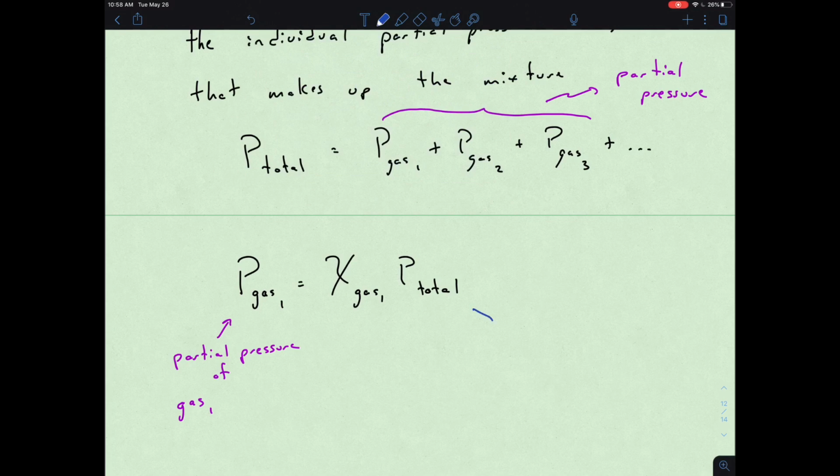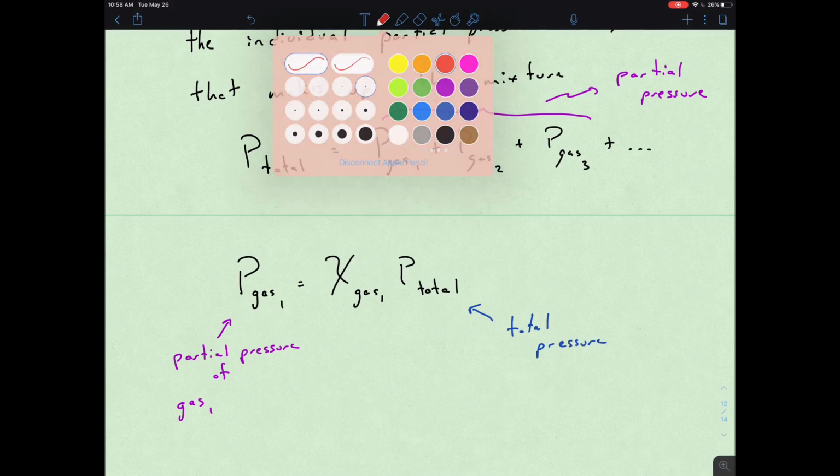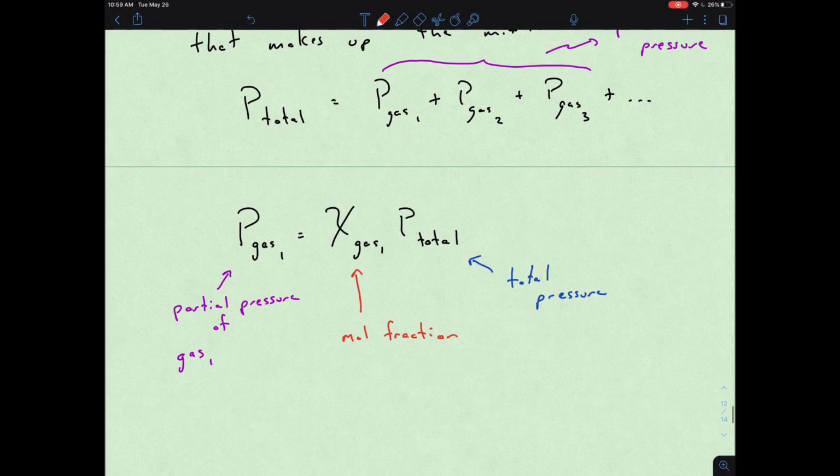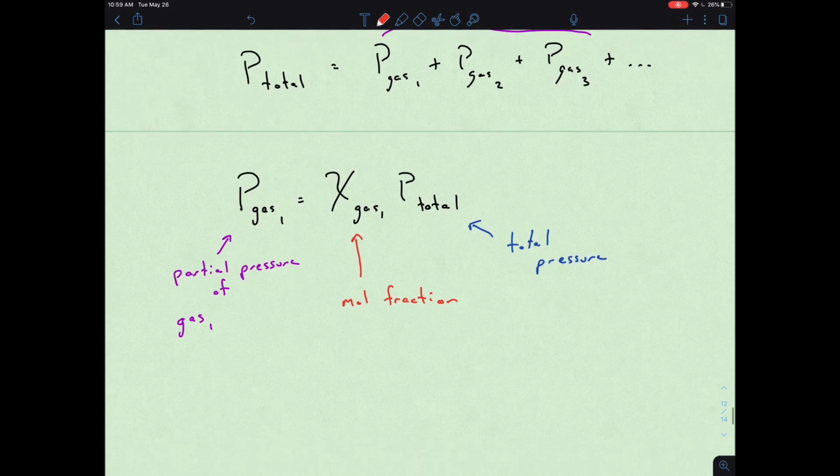We also have the total pressure of the system, and this is known as a mole fraction. So really it's just like a mole percent, but we're not multiplying by 100.